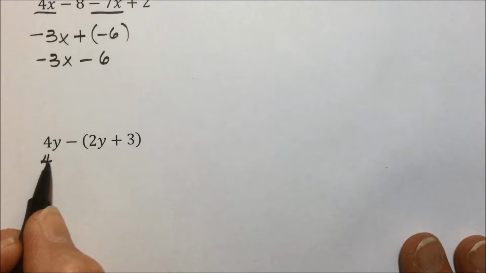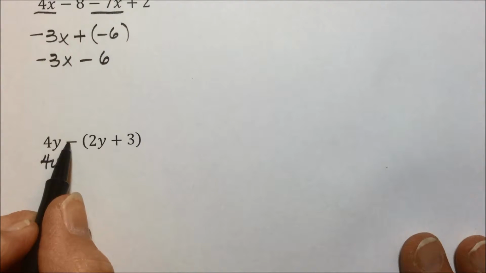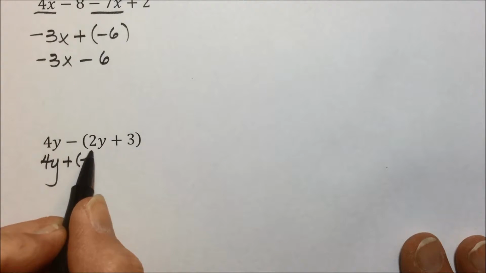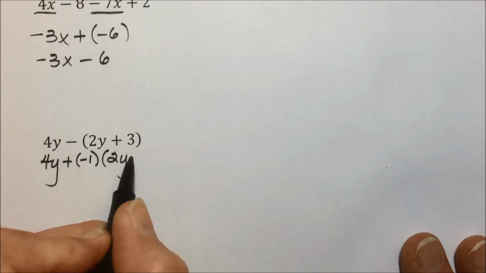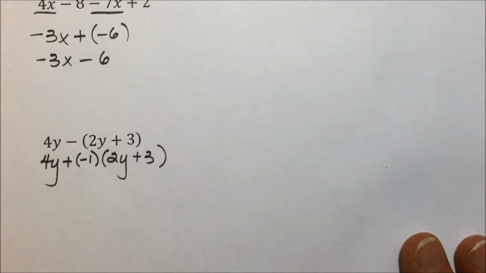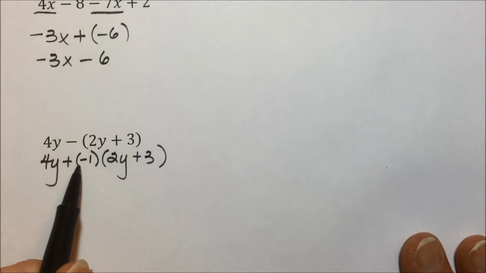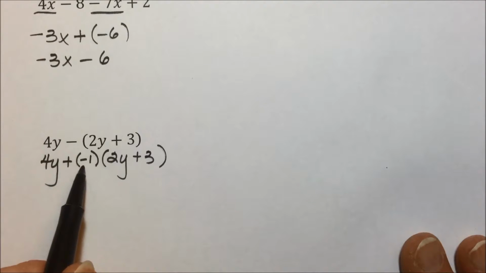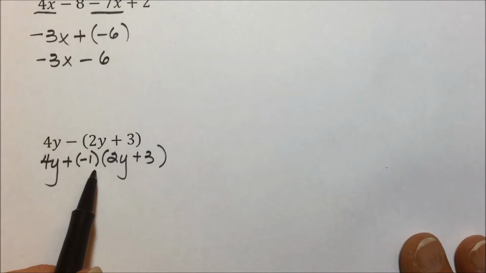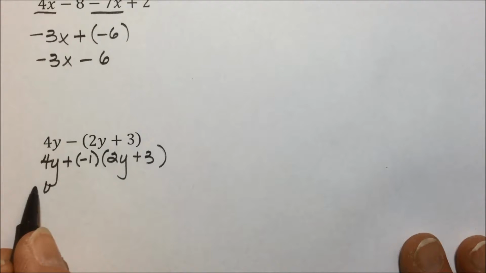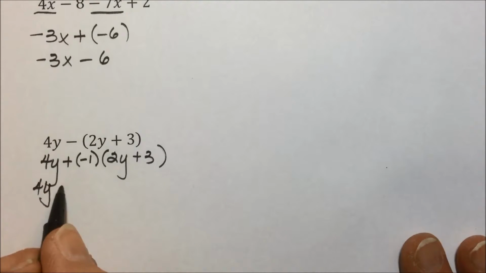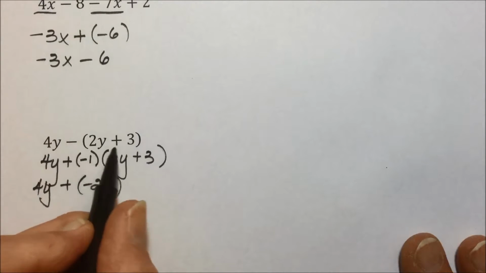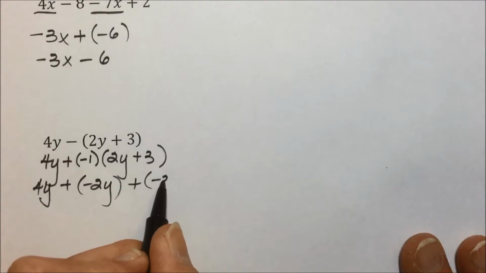For example, to illustrate this, instead of saying minus here, I could say plus a negative 1 times the quantity 2y plus 3, replacing that minus using the definition of subtraction with plus a negative 1, and then using the distributive property, we end up with negative 1 times 2y is a negative 2y, and a negative 1 times 3 is a negative 3.